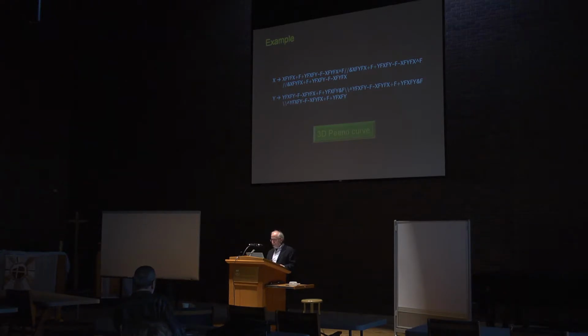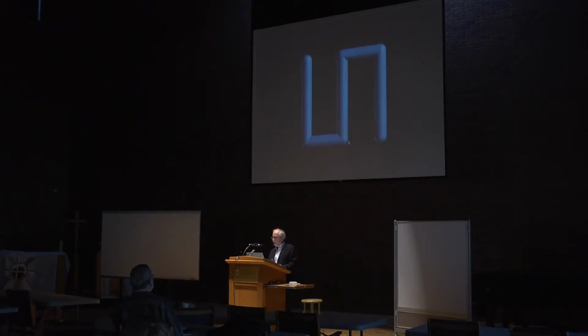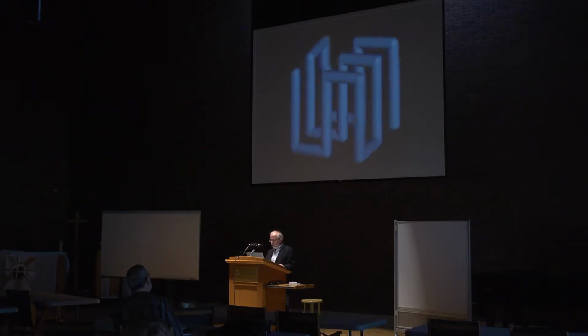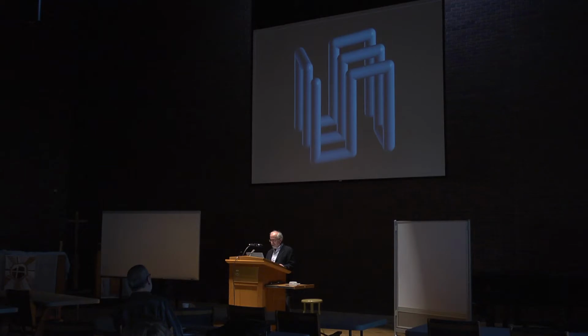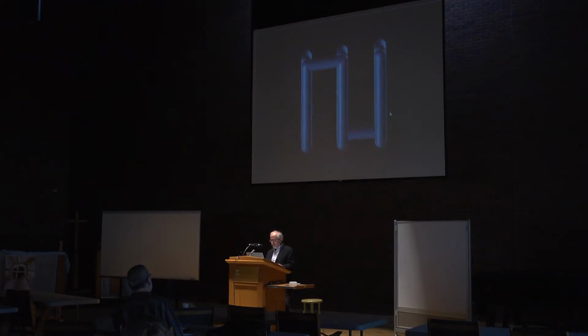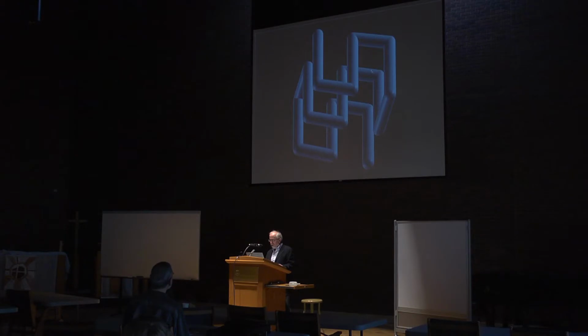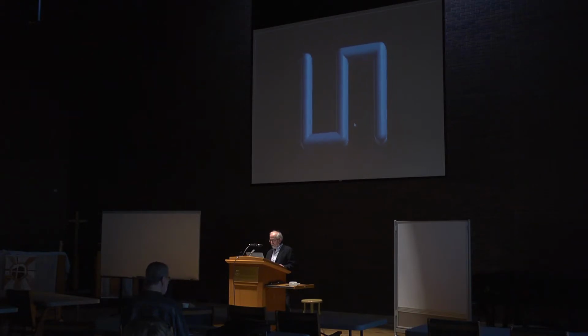This system is a little bit more complex, but it describes quite a non-trivial object, a three-dimensional Peano curve. It is a curve which fills a cube. Here is how it looks after a single iteration. It has the interesting property that in each of the fundamental projections it looks like a two-dimensional Peano curve.